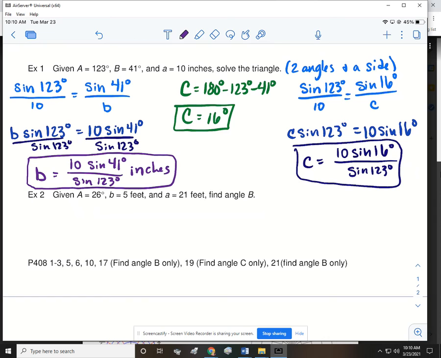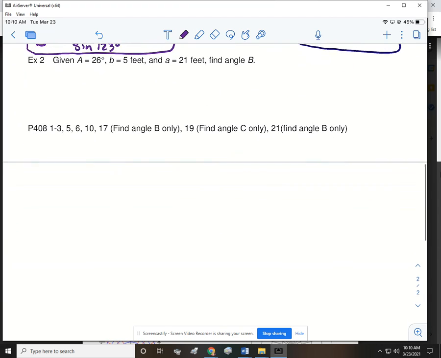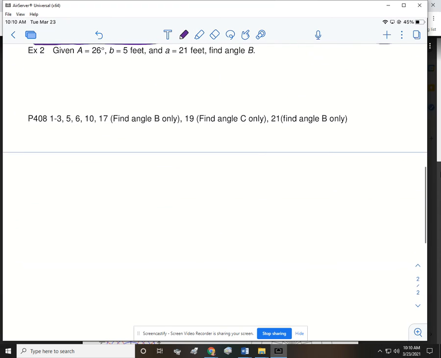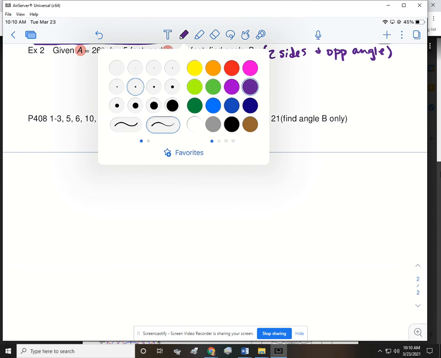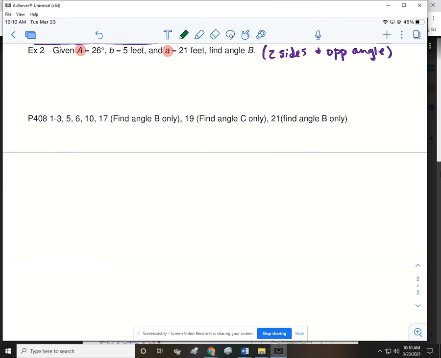Then example 2. We're not going to solve the whole triangle. We're only going to find angle B. On this one, we're given two sides and an opposite angle. The reason I know it's an opposite angle is because I have angle A and I have side A. That means they're opposite of each other. So in this case, I'm free to use law of sines.